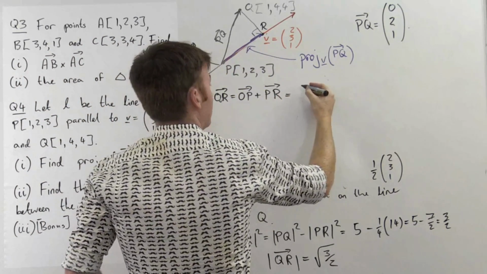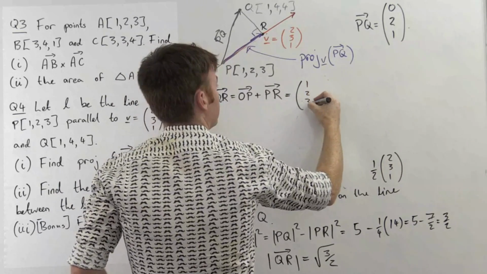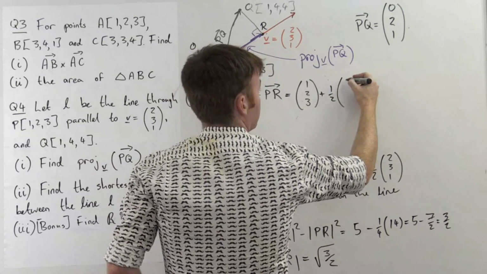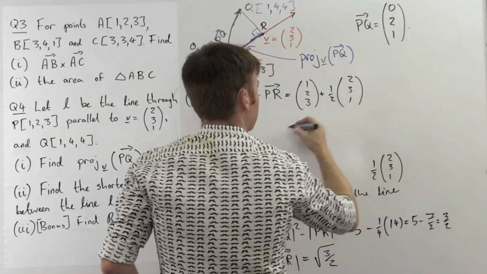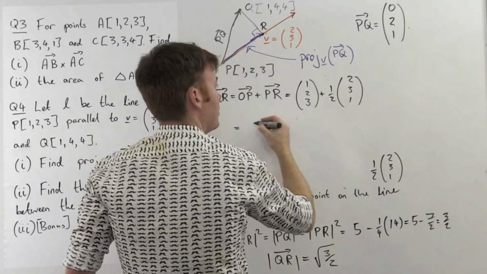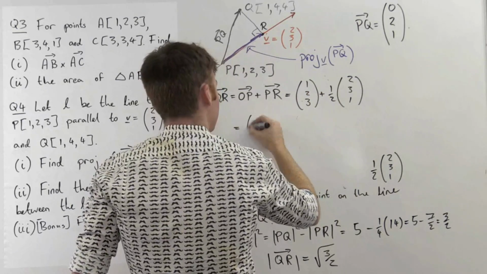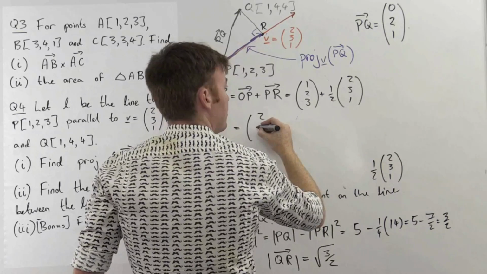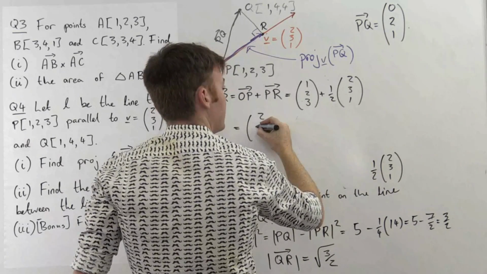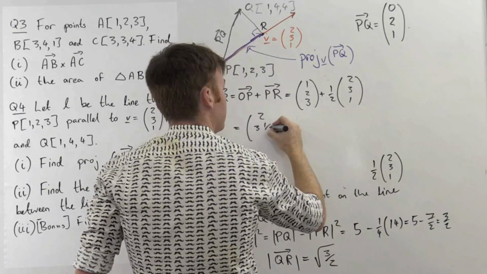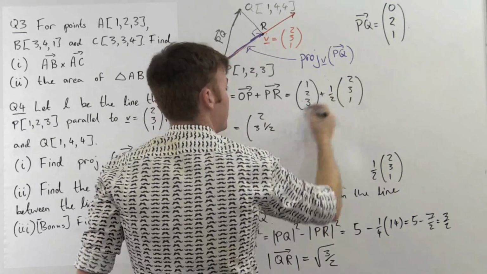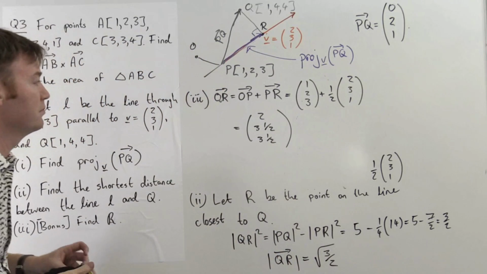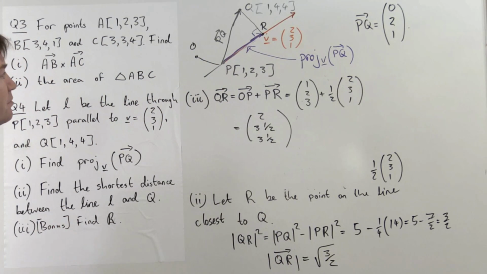So that's OP plus PR, which is equal to 1, 2, 2 plus 3 halves, 3 and a half, and 3 plus 1 half is 3 and a half. So there's R for us.